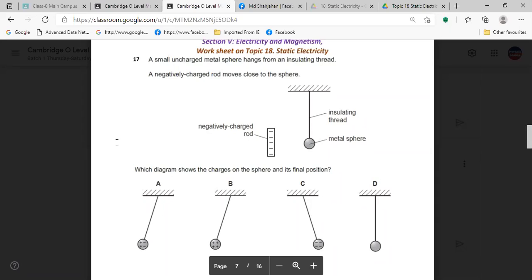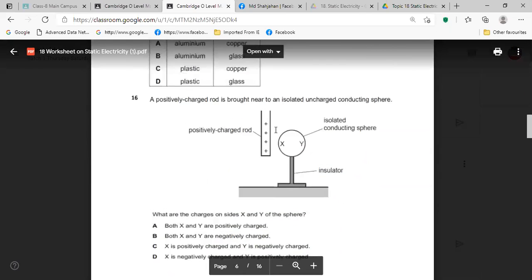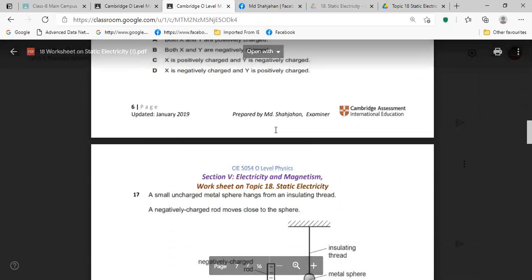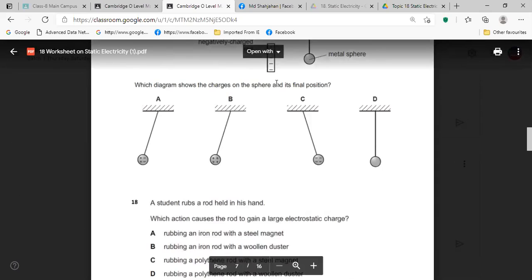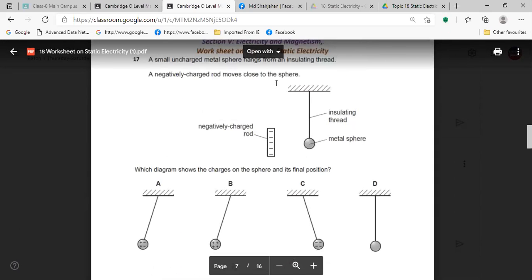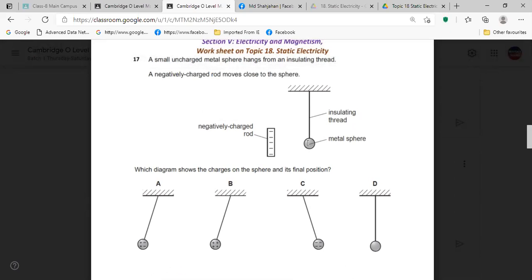And we said finally that unlike charges attract, right? Isn't it? So here also, yes sir, the same thing like you got in this question will be here. The part of the sphere closer to the negative rod will be positive.